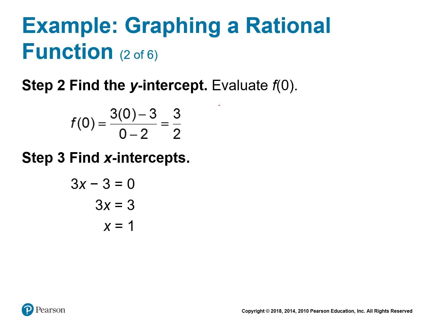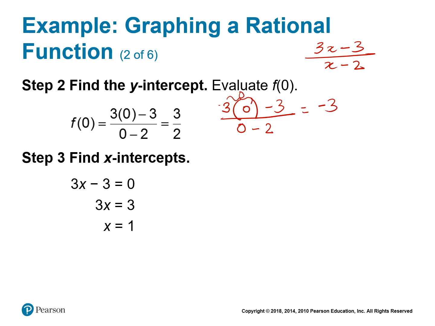All right, so the function was (3x minus 3) divided by (x minus 2). So I'm going to plug in 0 for wherever there is an x. So 3 times 0 minus 3, divided by 0 minus 2. 3 times 0 is 0, so we have minus 3, right?